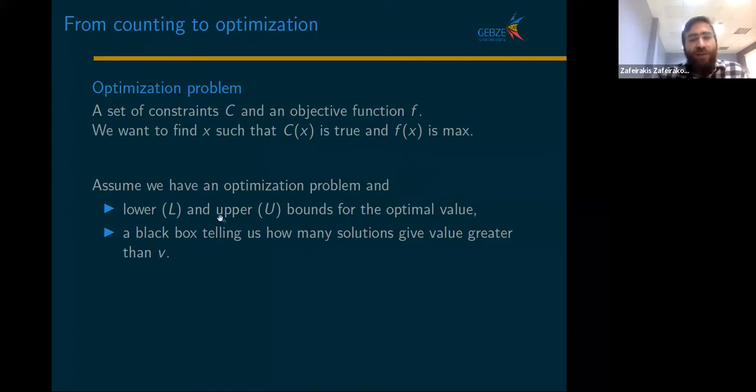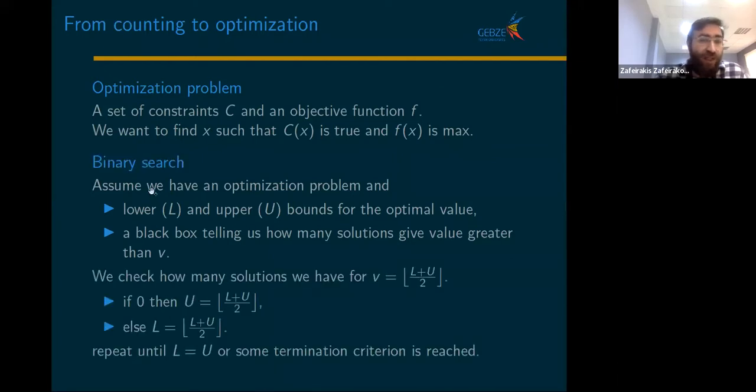Now, if we have such bounds and a black box, which we can ask how many solutions do we have that give values greater than v? I don't care for the moment how this happens. We have a black box, an oracle asking. Then what we can do is a binary search. So we check how many solutions do we have if v is the midpoint of the two bounds.